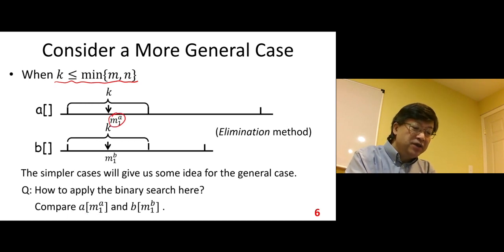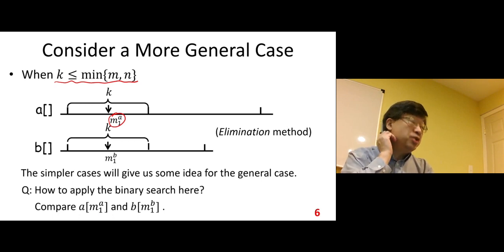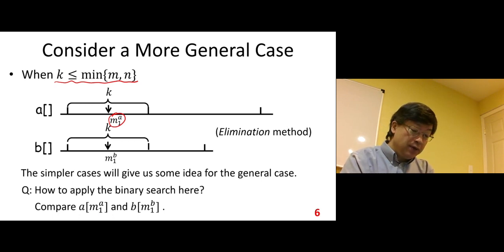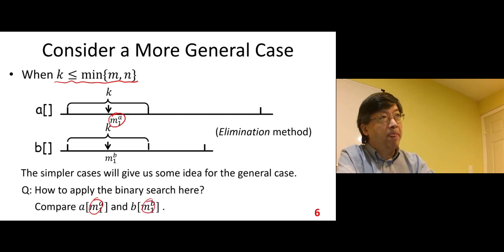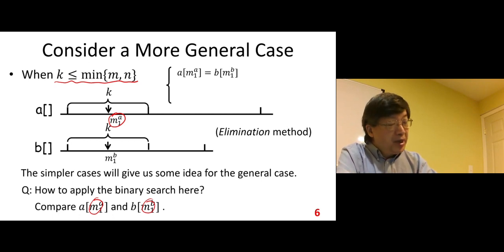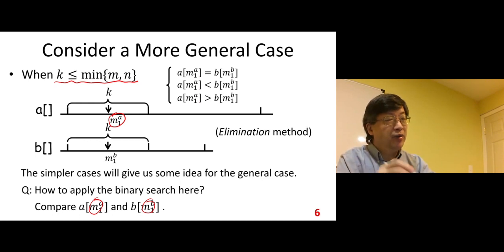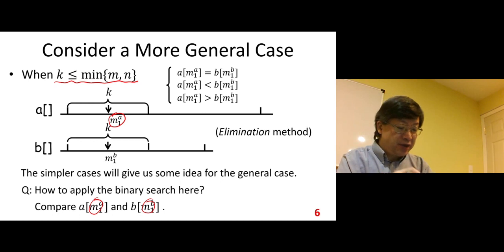Here I may use this as the position number, the index number. Okay, we need to consider these cases: the equal case, and the unequal case where one is greater than the other.